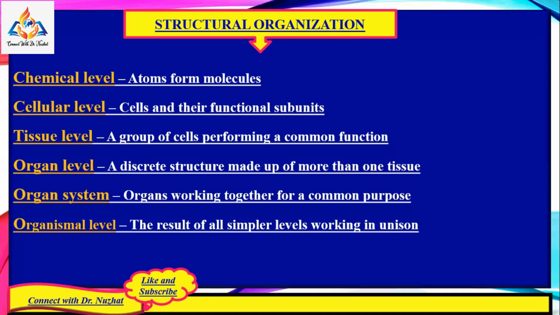Sixth one is the organismal level. What is this system or level? The most complex level of organization, where all 11 organ systems function in the human organism. The whole living person, the biological levels of organization of living things arranged from the simplest to most complex.